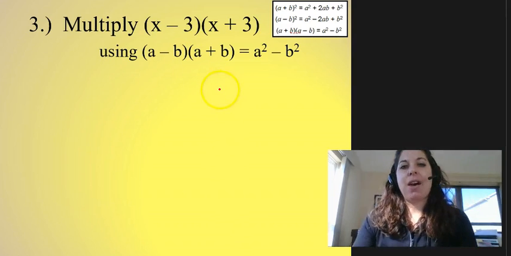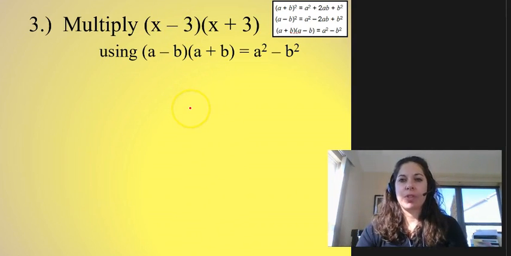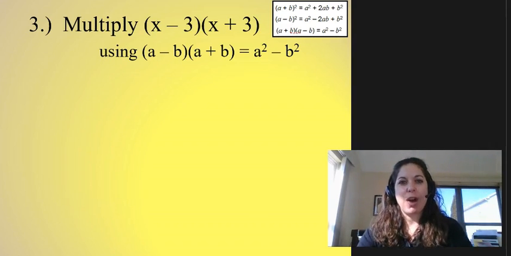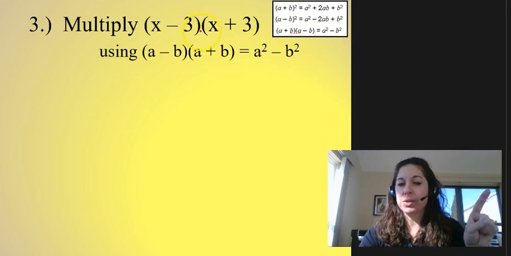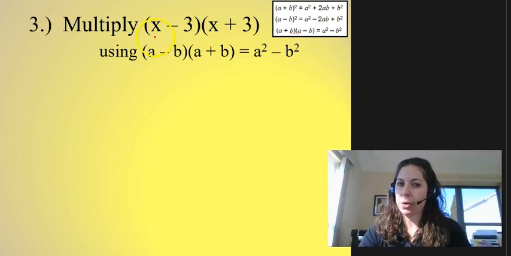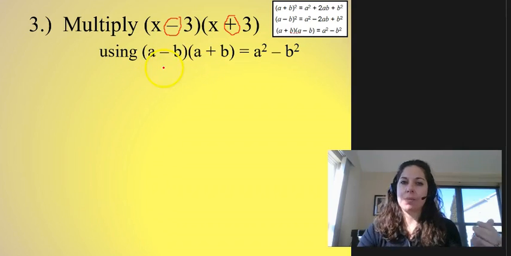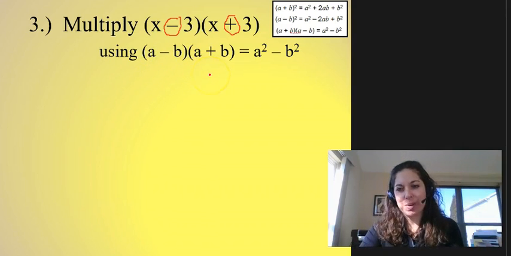All right, now this one is multiplying the sum and a difference. So notice our A and our B in both sets of parentheses are identical. They're both x and 3. The difference is though we have a subtraction and an addition sign. So that's how I know I'm going to use the A minus B times A plus B formula.